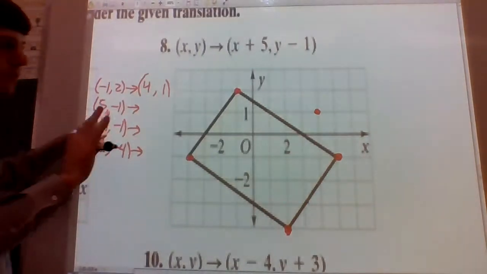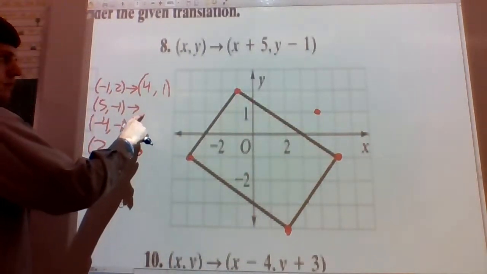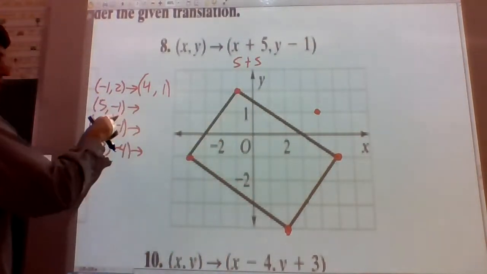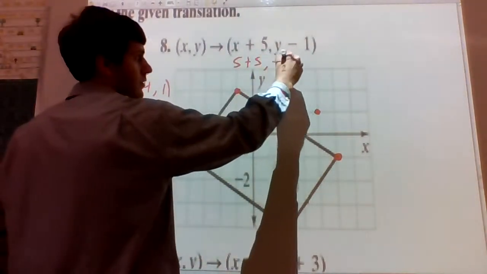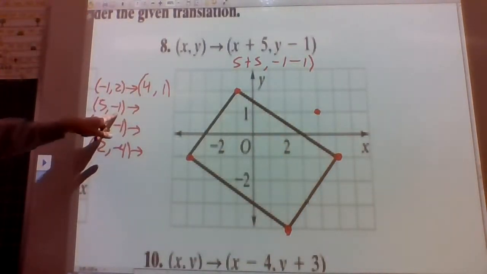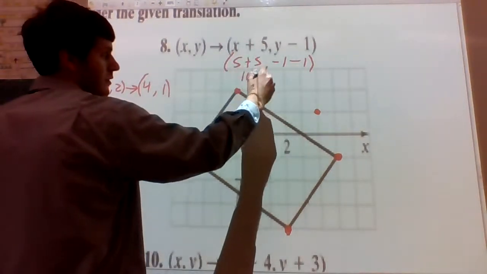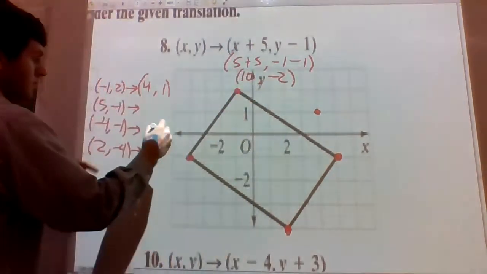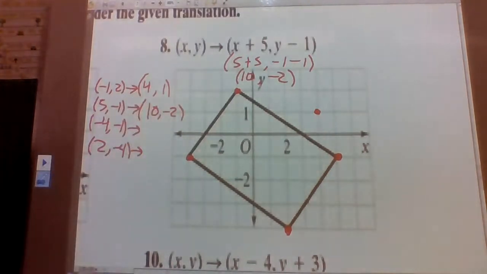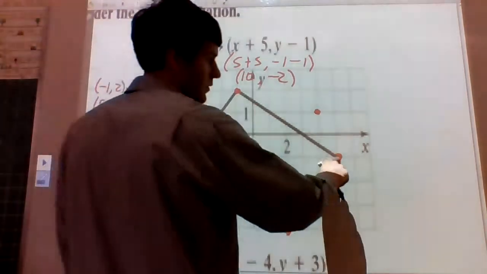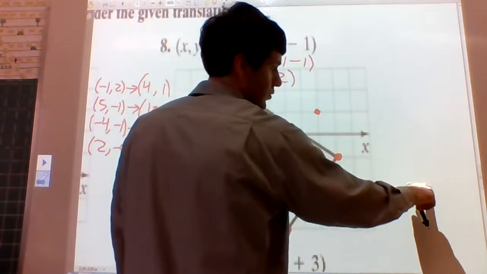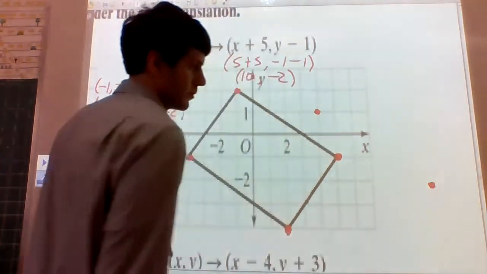We want to shift it 5 units to the right, so 5 plus 5, and down 1 unit, so we put in the -1. So that becomes 10, -2. So that's 5, 6, 7, 8, 9, 10. -2 would be right here or somewhere there.